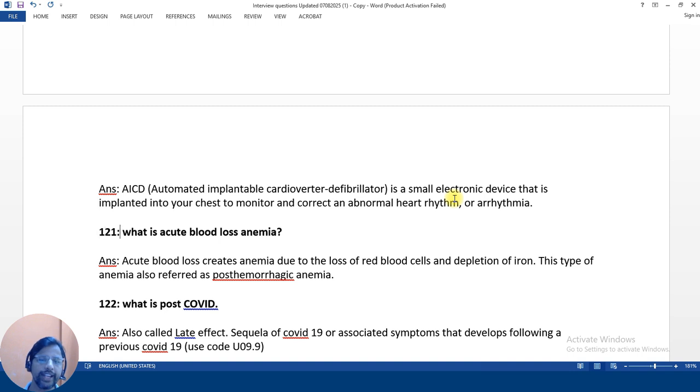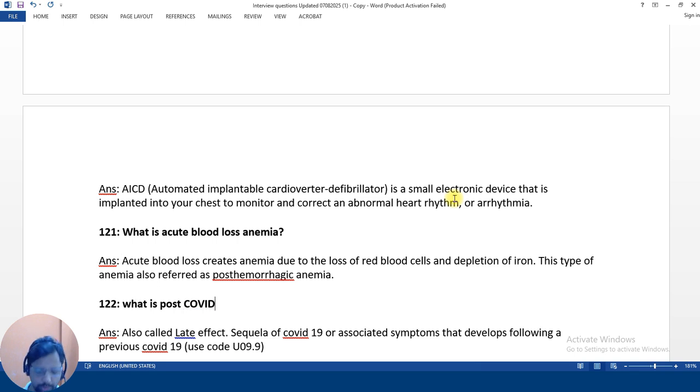Okay, what is acute blood loss anemia? Acute blood loss anemia occurs due to the loss of red blood cells and depletion of iron. This type of anemia is also referred to as post hemorrhagic anemia. Okay, in the documentation, if you see post hemorrhagic anemia, you can code acute blood loss anemia.